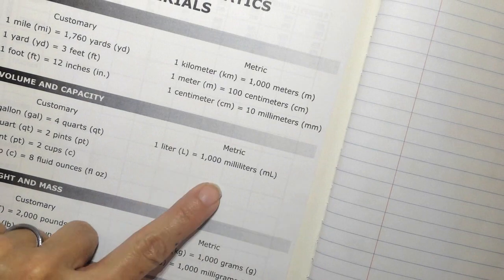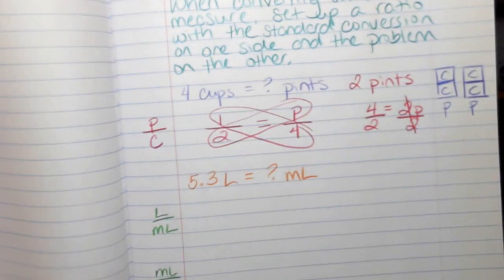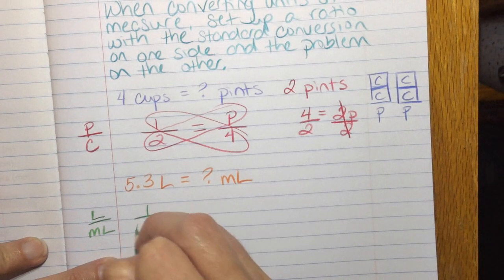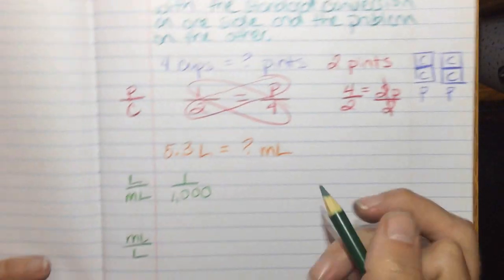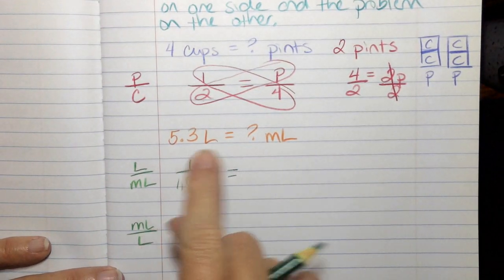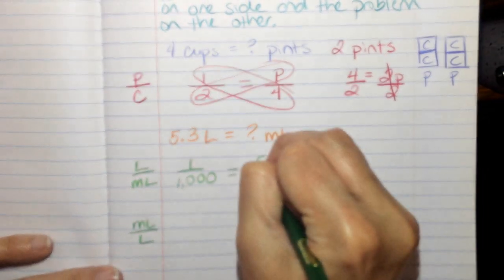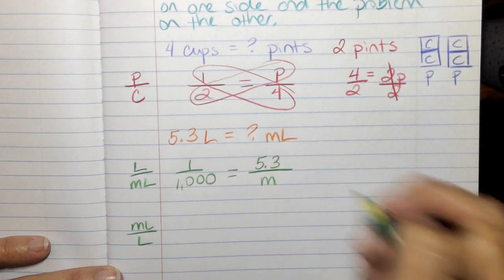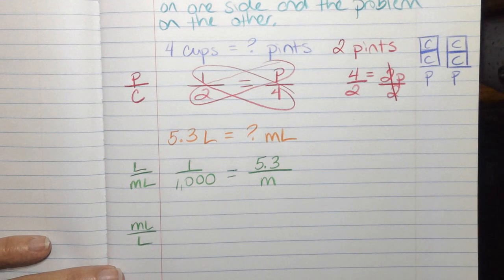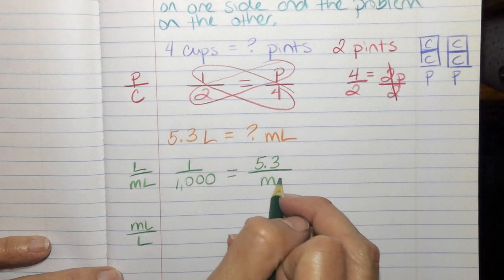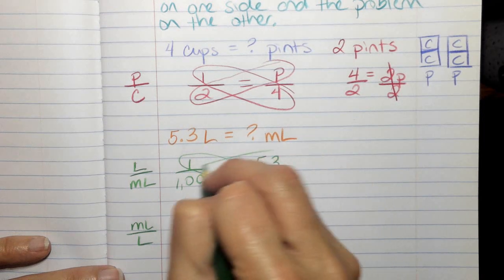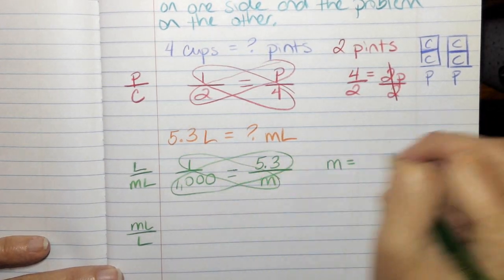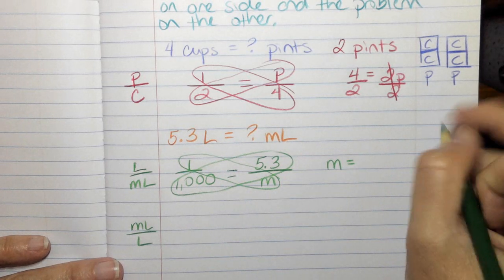So 1 liter equals 1,000 milliliters. In my problem, I have 5.3 liters, and I want to know how many milliliters. So I do my butterfly. Milliliters equals 1,000 times 5.3.